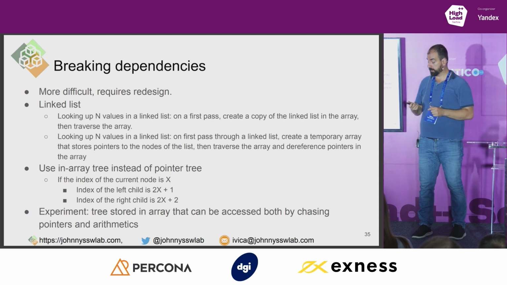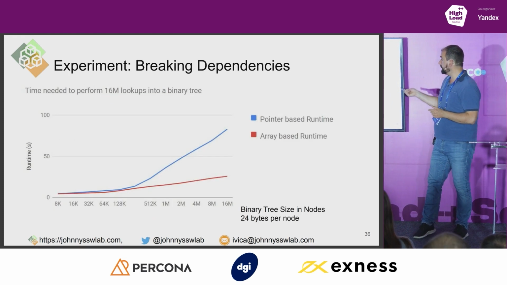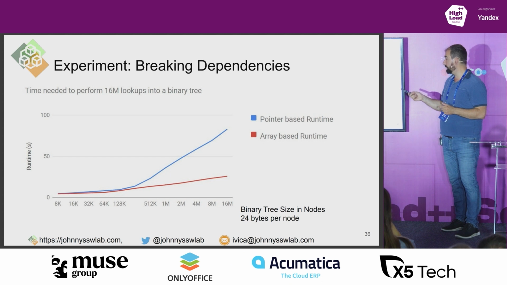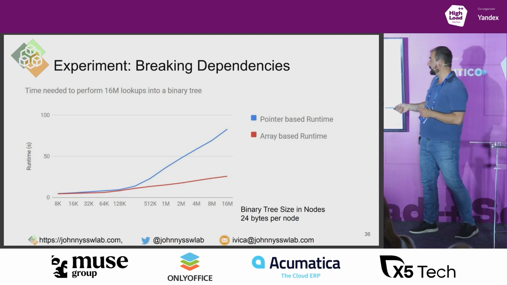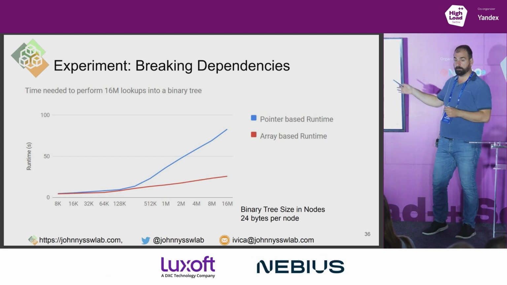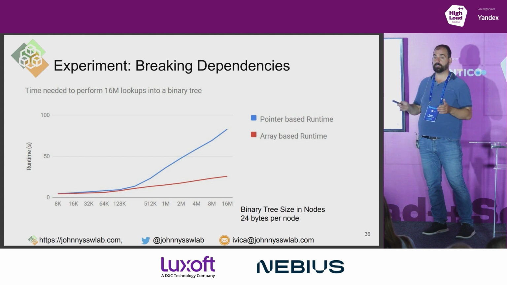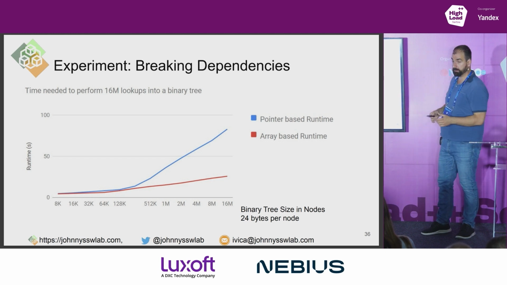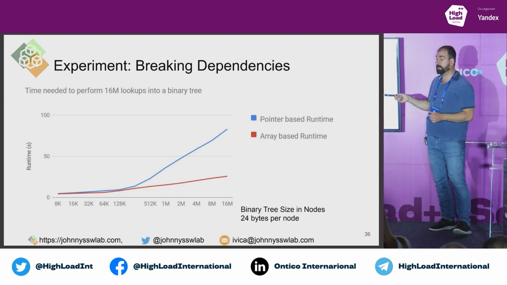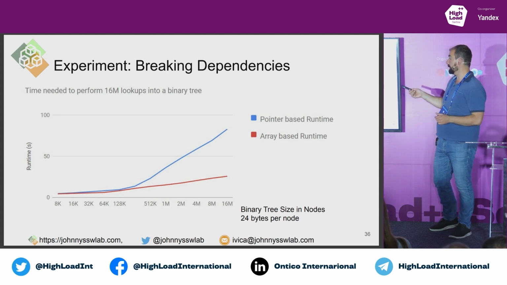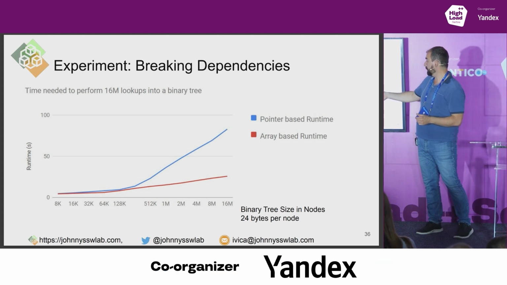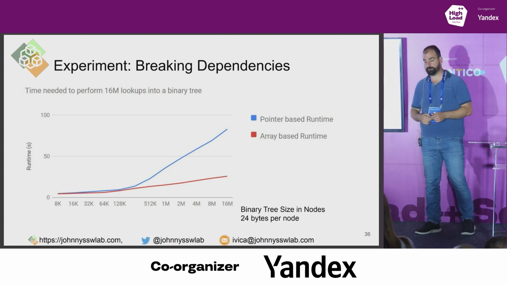I actually did experiments on this, and this is the difference between those two approaches. Pointer-based runtime and array-based runtime for binary trees are mostly the same when the trees are small. But as the size of the trees grows, the array-based runtime becomes much faster, almost 2 or 3 times faster.